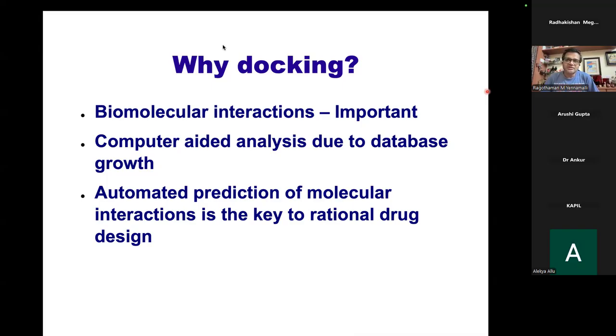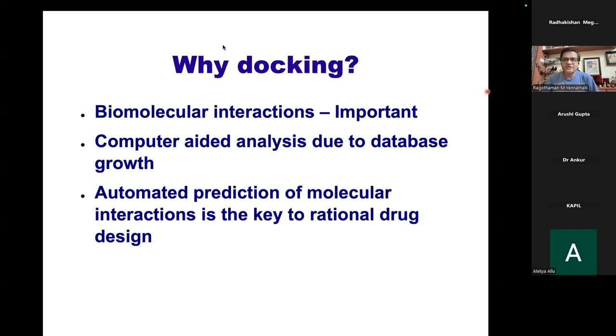Now, in the cell, these interactions drive the entire physiology, the cellular process, pathways, and everything inside the cell. At one point of time, when computational power came to be seen as a driving force in biology, and many different data, especially three-dimensional data of proteins and molecules were available, people started asking the question, how do these interactions happen?